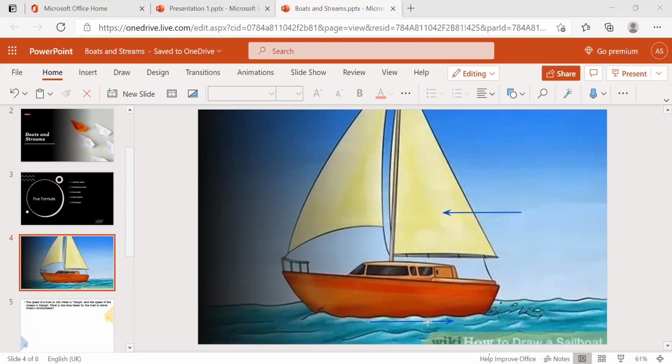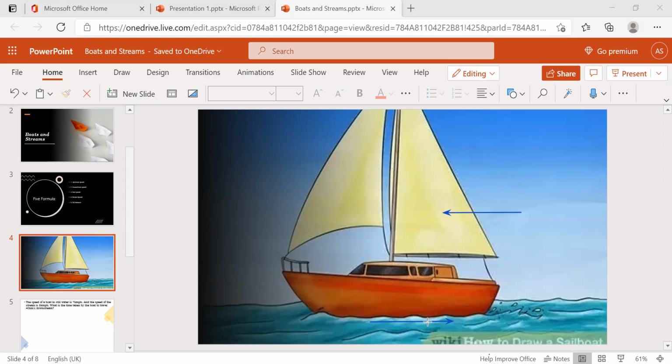Suppose our boat speed is 20 kilometers per hour. We are going like this, but the stream or river flows against us, opposite to us, so that external force will reduce our boat speed. That is called upstream.